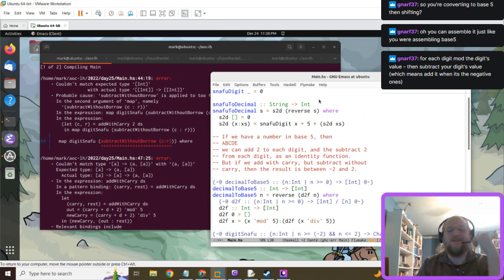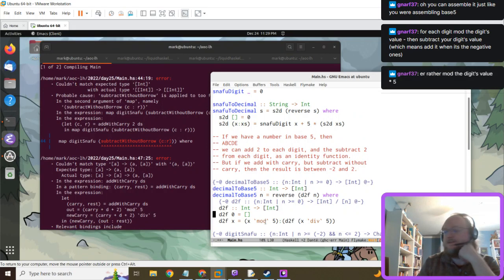All right, let me think about this. So if digit mod the digits value, then subtract your digits value.